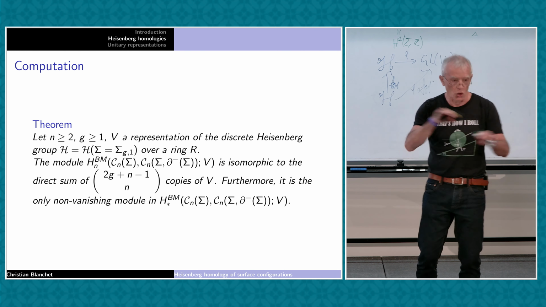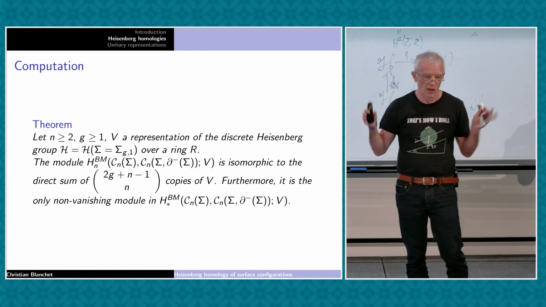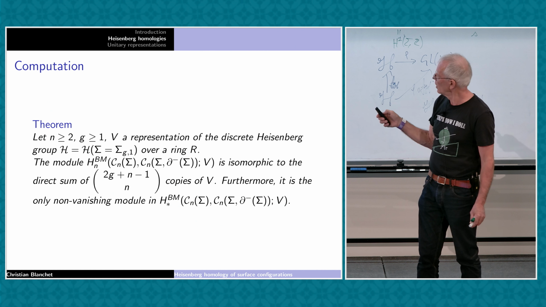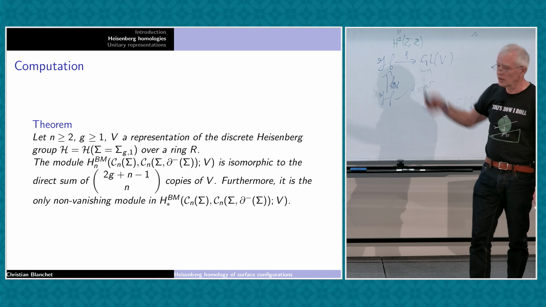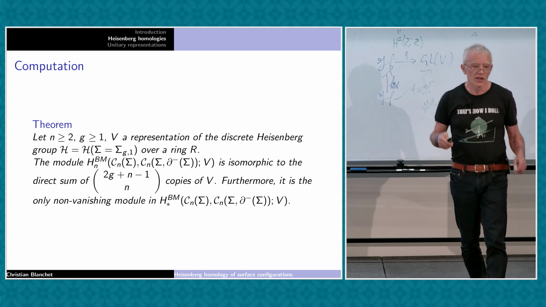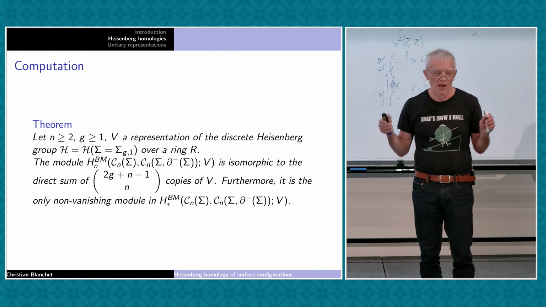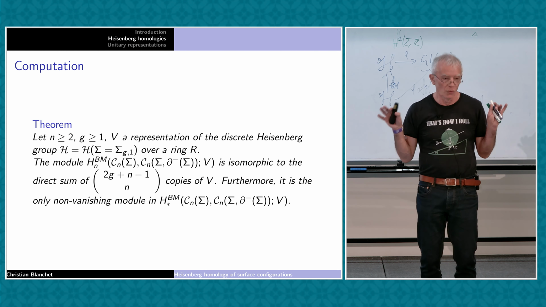So I have a complete description of a version of this Heisenberg homology. And furthermore, it is the only non-vanishing module in this version. It's also interesting to compute the non-Borel-Moore or absolute version, but it's much harder. So I can give a model, but not a full computation. But this one is nice.